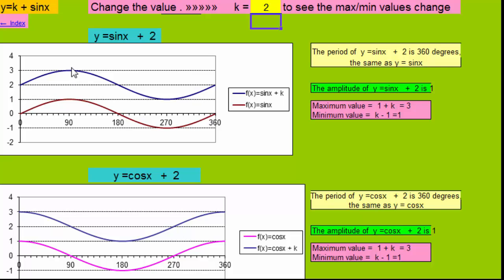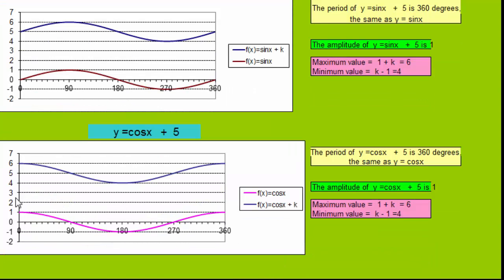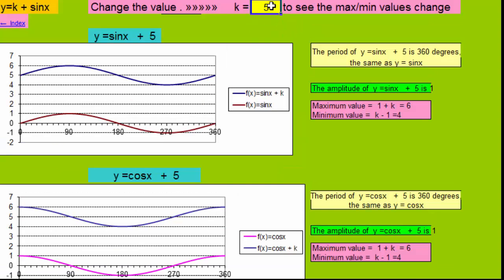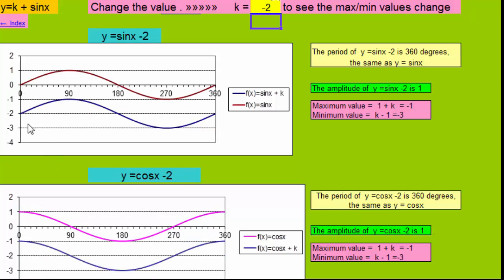It's still got the same amplitude of 1, and if I change it to 5, you'll see both of these waves actually go up 5 positions. And if I do minus 2, that should go down to minus 2, so they've still got the same amplitude of 1, right? But it's just been brought down to minus 2.